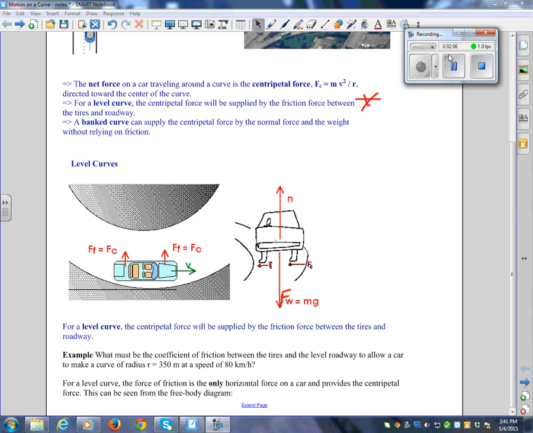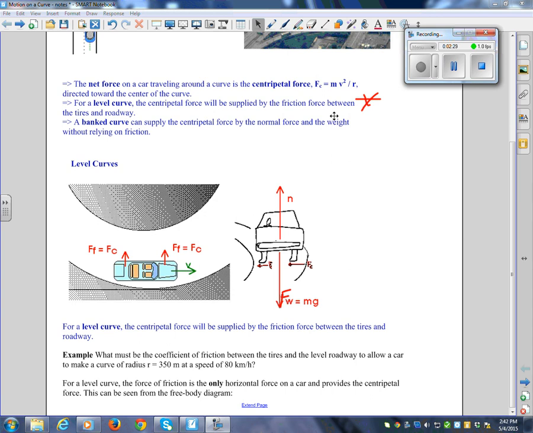Okay, so this picture here shows the weight force of the car down and the normal force up, right? And you should know that the greater the weight force, the greater the normal force, which does what to the amount of friction? It increases the friction, right?